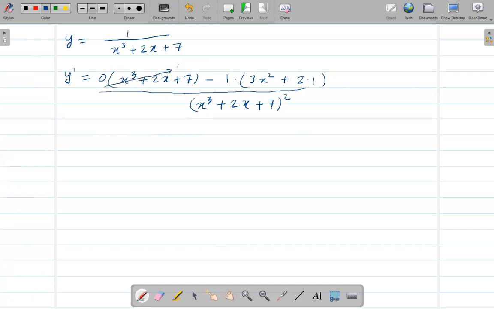So what we can do is distribute this minus to these two terms. We can write negative 3x squared minus 2 over the denominator, x to the power 3 plus 2x plus 7, squared. Okay, so that's the final answer.